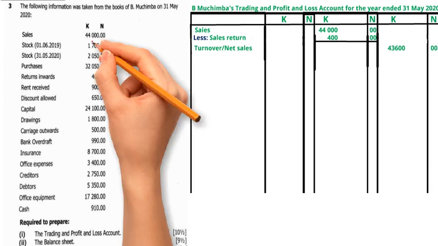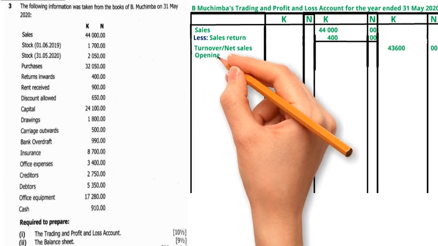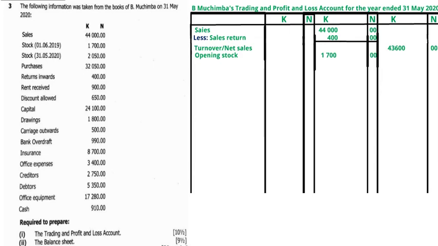I'll write it there. Okay, then afterwards I'm going to write opening stock. We are told opening stock, which was in June 2019, was 1,700, so I'm going to write 1,700 there.